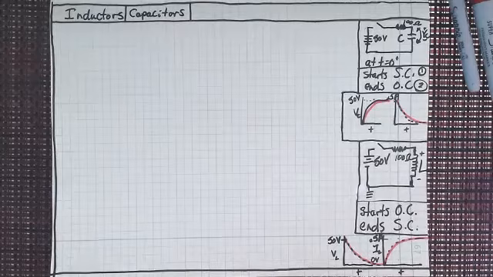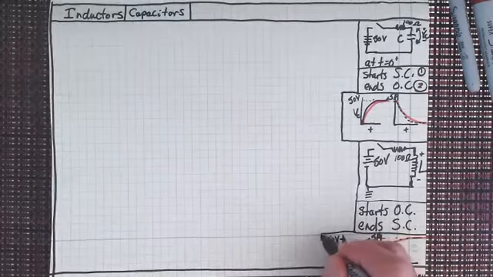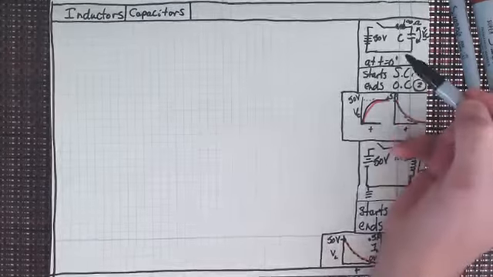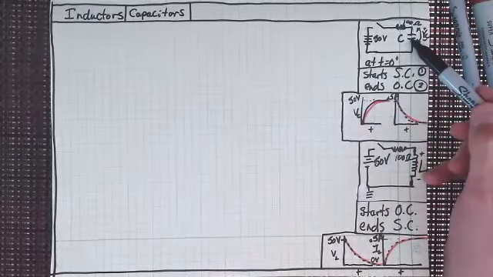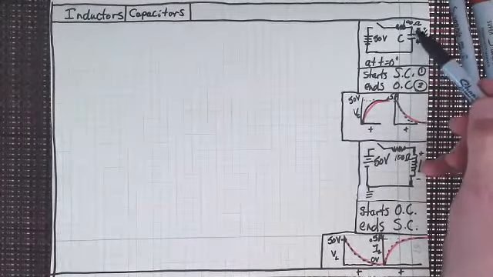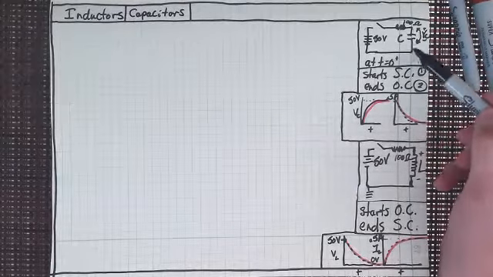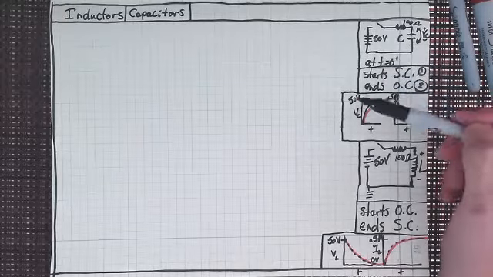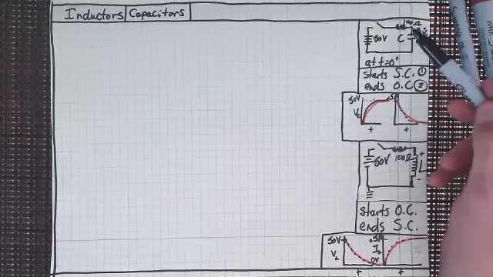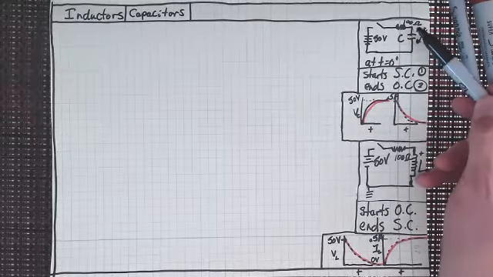Now, I want to talk about the actual mechanism that's occurring. Remember, I talked before about how a capacitor is really setting up an electric field. There is no current that flows across a capacitor. It sets up an electric field by causing electrons to flow to one side of the capacitor and the lack of electrons, or positive charge, to flow to the other side.